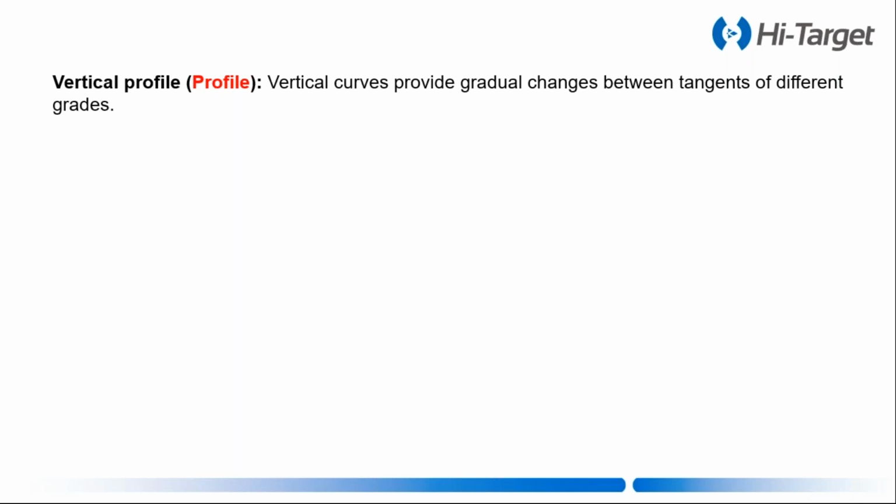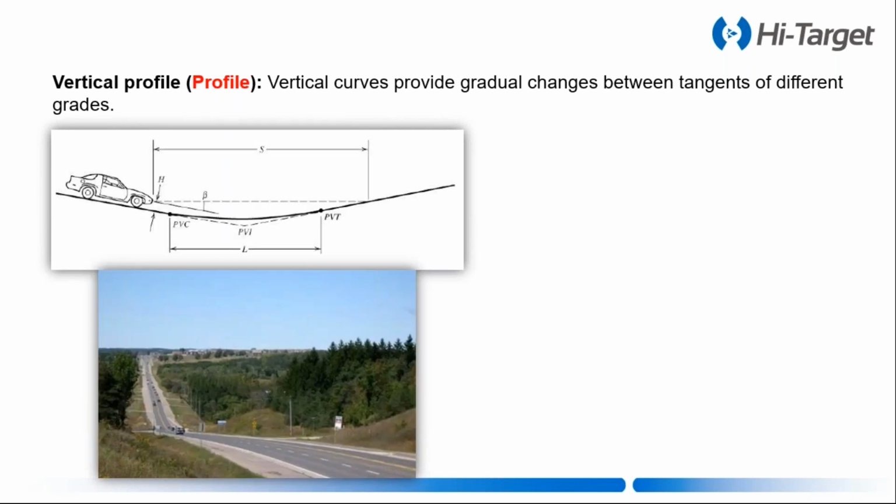Then let's continue. The next part is about the vertical profile. Let's see the picture. The vertical profile. You can see in the first picture there are two straight lines with different gradients.